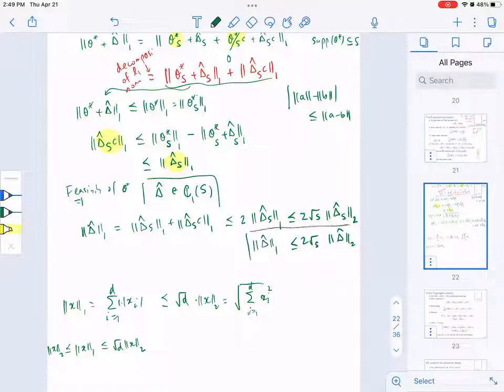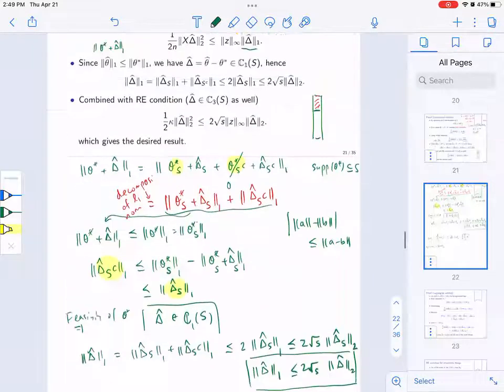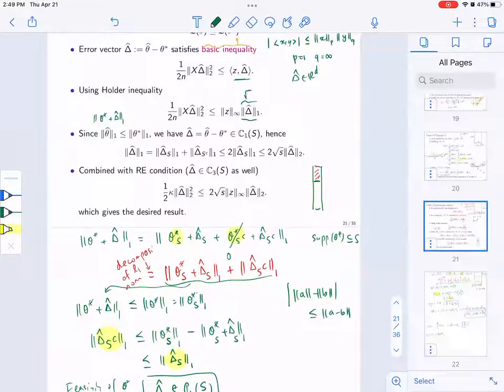This is one of the consequences of this being in the cone. It's as if this is the case where you have a vector with S non-zero coordinates. It behaves like a vector that has S non-zero coordinates, although you're not saying that it has S non-zero coordinates. That's the first thing. So I can bound this side by root S.